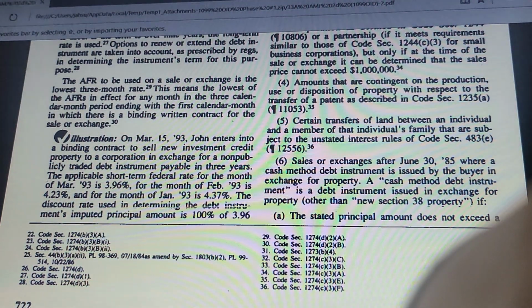Sales or exchanges after June 30, 1985, where a cash method debt instrument is issued by the buyer in exchange for property.